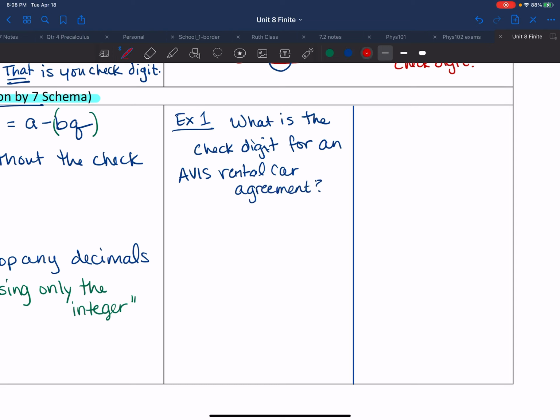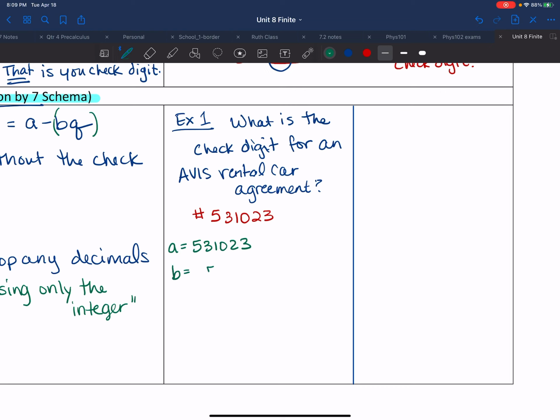The number that I have so far is 531023. So this is my rental car agreement. Well, I know that A is going to be equal to 531023, just as a regular number.